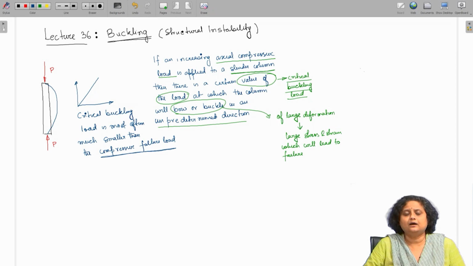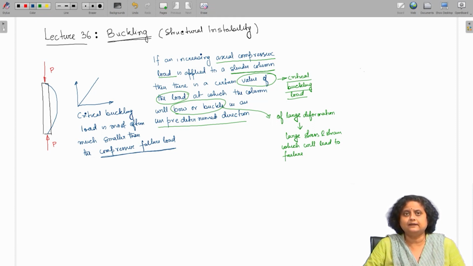Now, in aerospace structures, as we have seen in the last several weeks, all the reinforcements, that are stringers, spars and longerons, are thin-walled long beams. So, they fall under the category of slender beams.